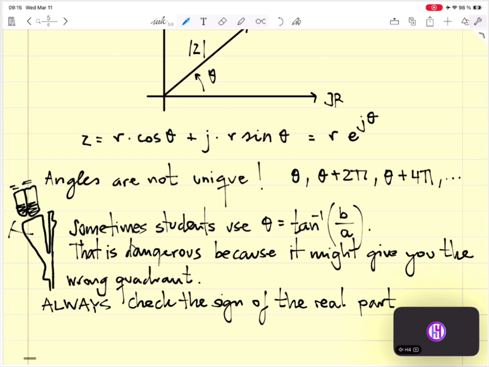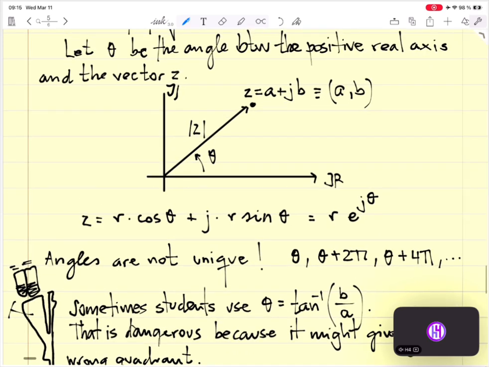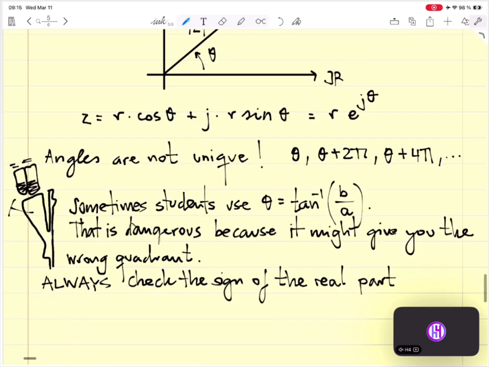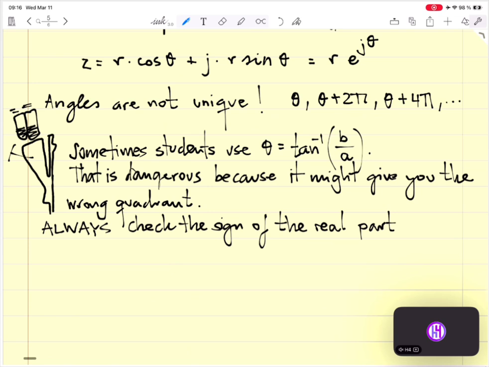Because the tangent of this vector and of this vector is going to be the same. Always check the real part. If it's positive, it's going to be on this side. If it's negative, it's going to be on the other. Always check the sign of the real part.